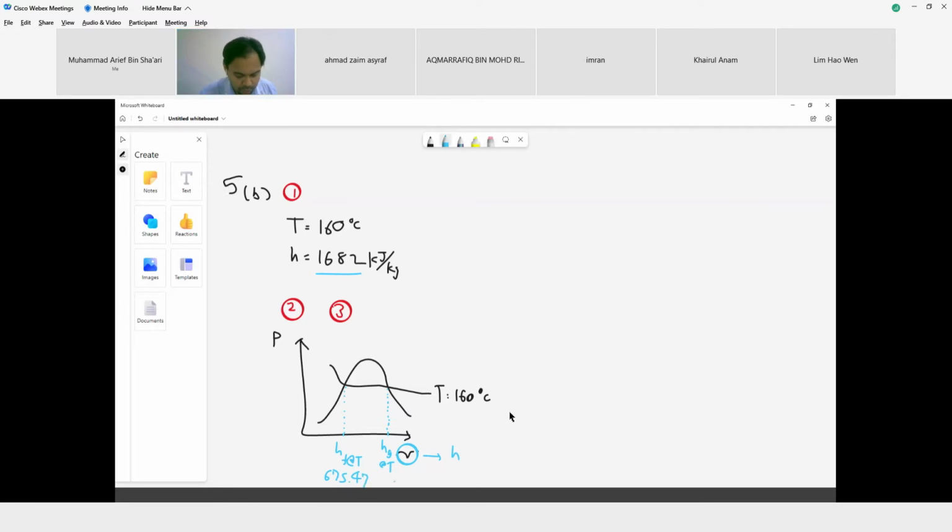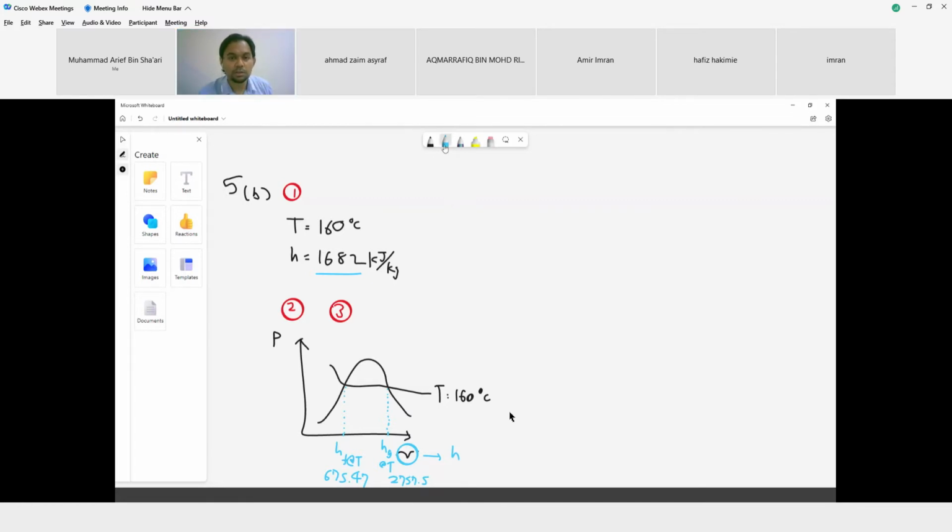HG is 2757.5. Okay, the given value is 1682, which is in between HF and HG.